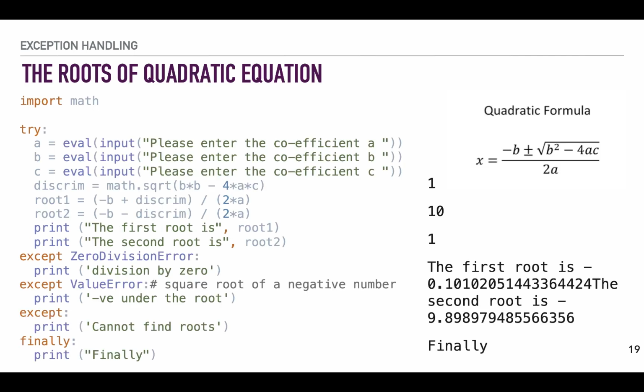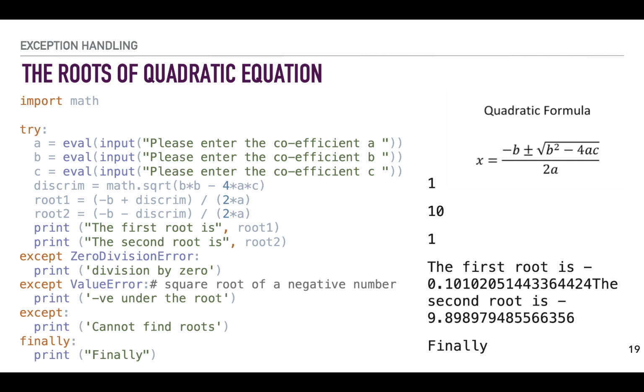Finally, this is a more complex program for computing the quadratic formula, and many things can go wrong, like trying to find the square root of a negative number or divide by 0, maybe something else.